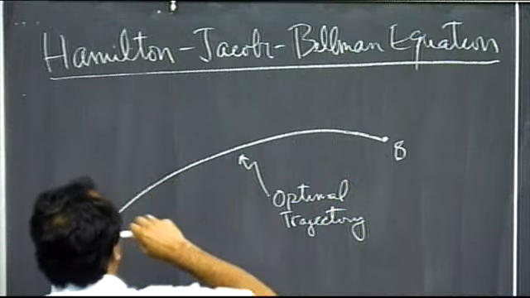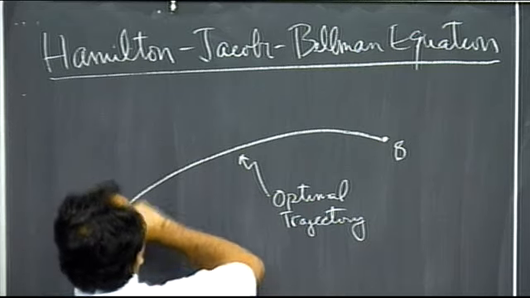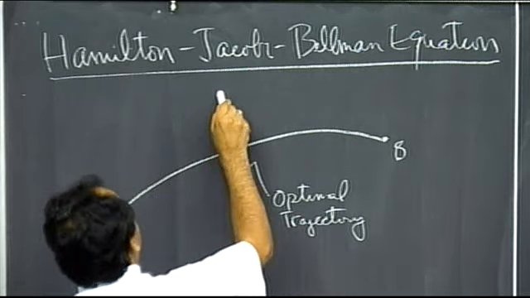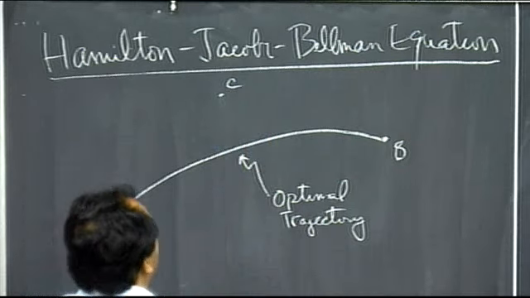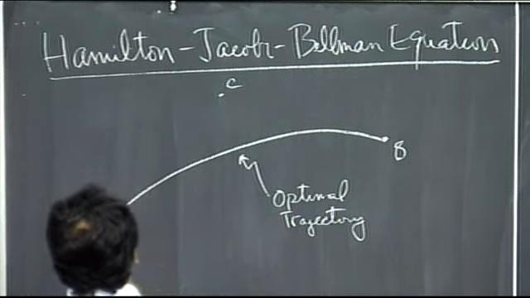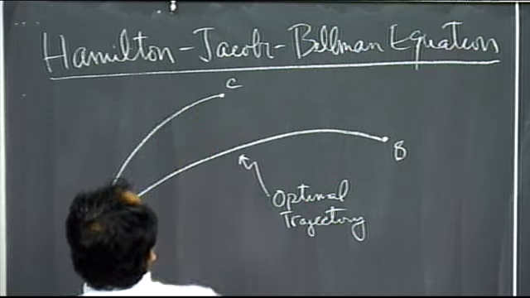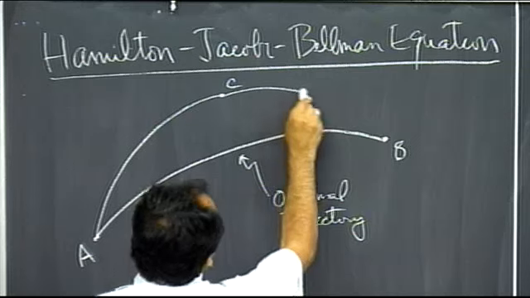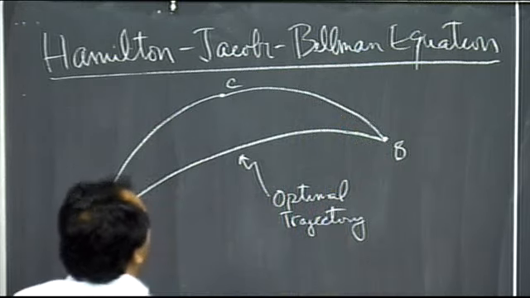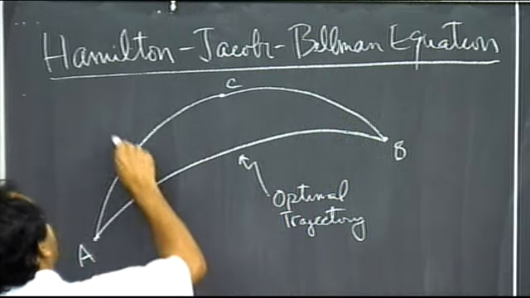So let's say I have another point out here, C, which is not on this path from A to B. And I tell you that going from A to C is optimal, and then going from C to B is optimal. Okay, so here, I'm going to draw this again.